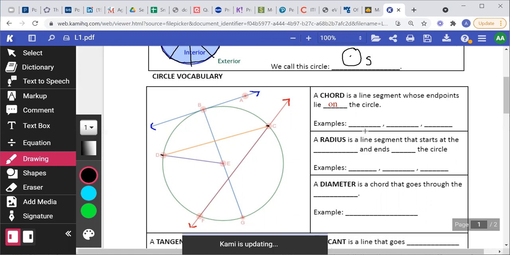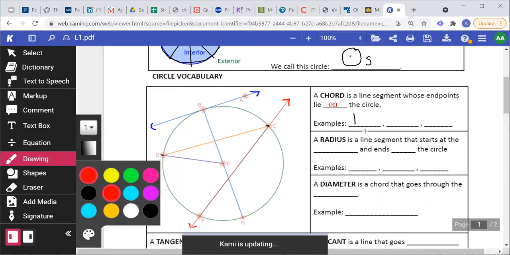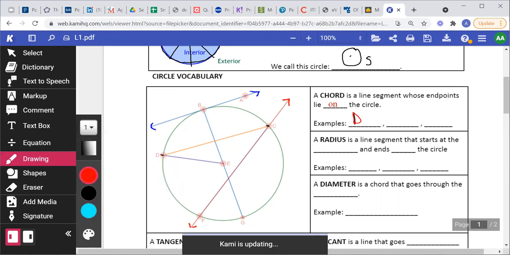So D and C become a chord. Let me change color to something redder. DC is a chord, and it's always represented by a straight bar over the two letters.